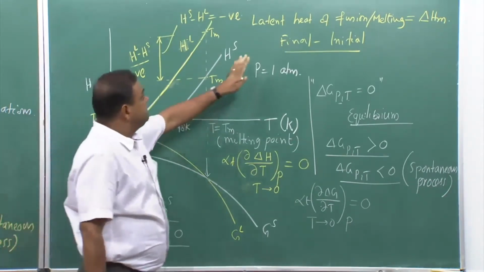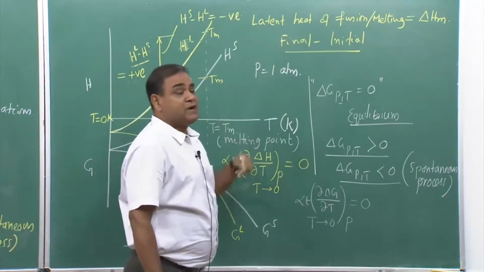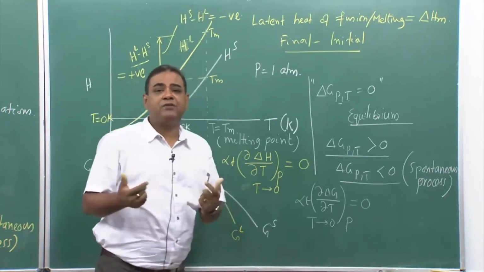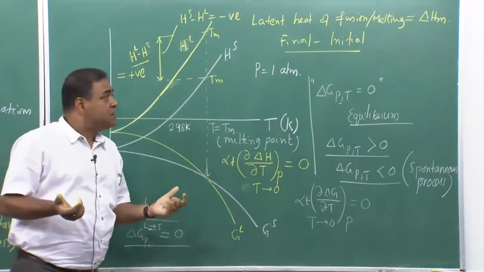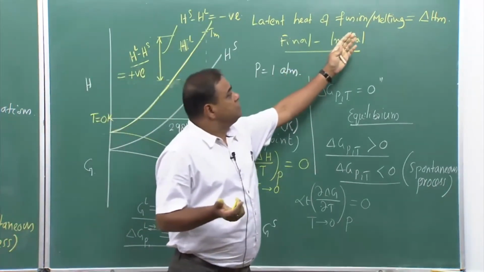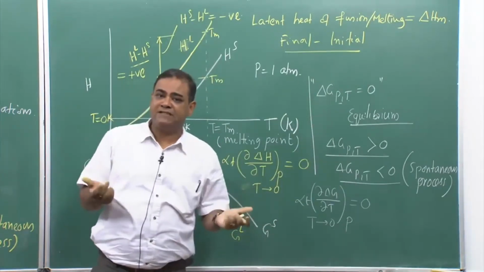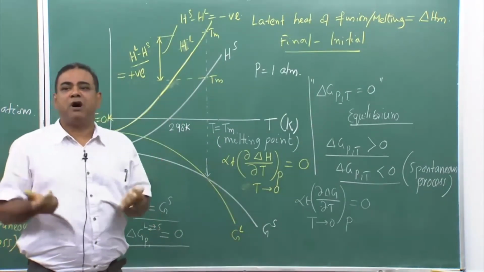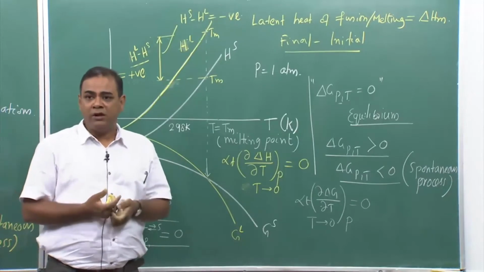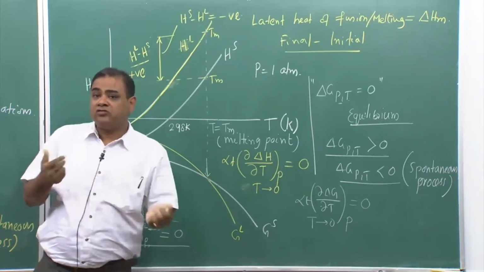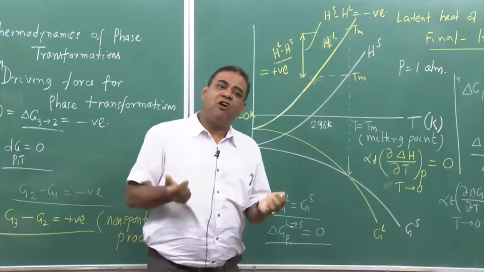And now, these latent heat of fusion or melting, we have to quantify what is the amount of material. We measure in the form of latent heat of melting or fusion per unit mass or per unit mole, or it can also be converted into per unit volume.